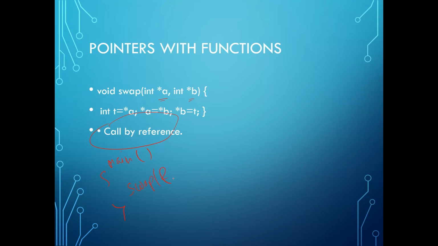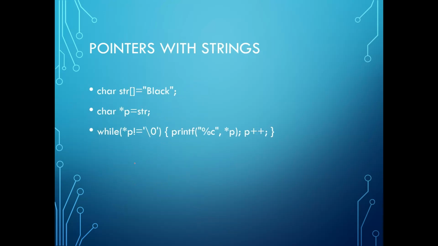You just input A and B, and it is passed into pointer A and pointer B. So you have some value, say 40, anything. Got it? This is how you go about that.